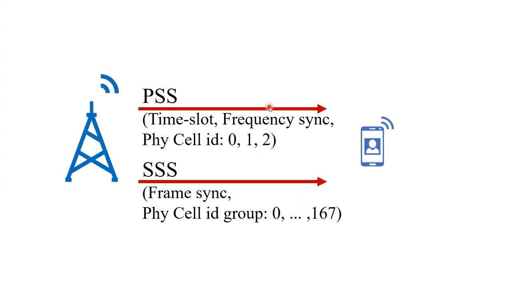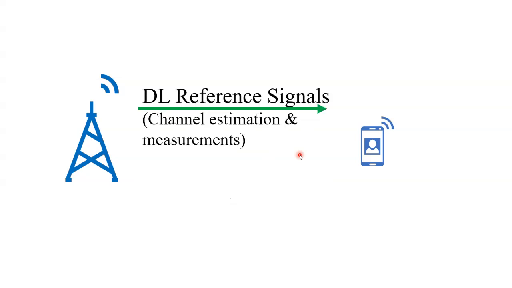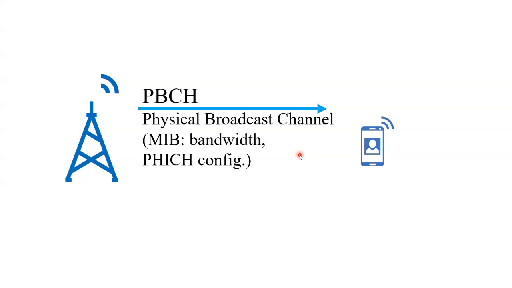When a device is powered on, PSS and SSS signals will be sent to the device for timing, frequency, and frame synchronization. Downlink reference signals will be sent for channel estimation and measurements.